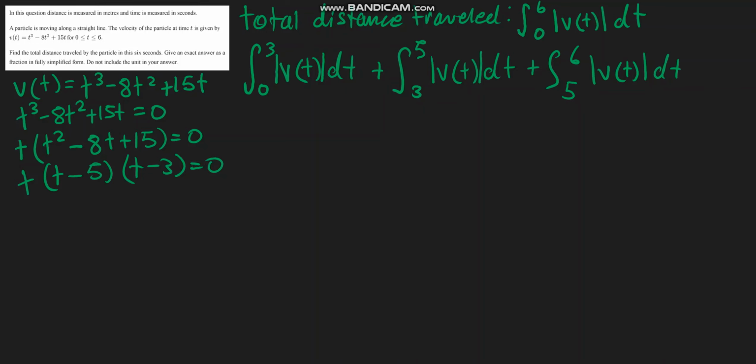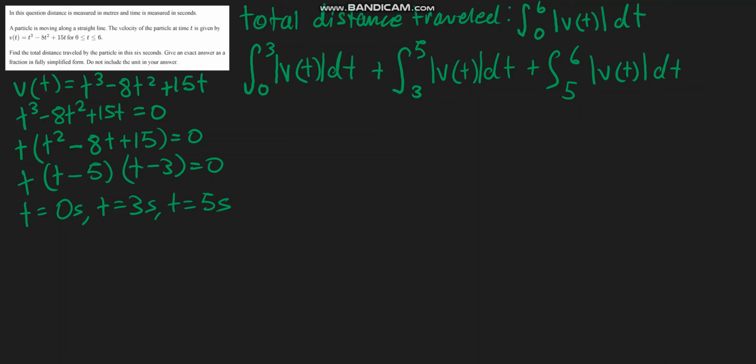Negative 5 times negative 3 gets us positive 15, and negative 5 minus 3 gets us a negative 8. So now t is equal to 0 seconds, t is equal to 3 seconds, and t is equal to 5 seconds. So that's why we have our intervals from 0 to 3, from 3 to 5, and then 5 to the end of our range, 5 to 6.